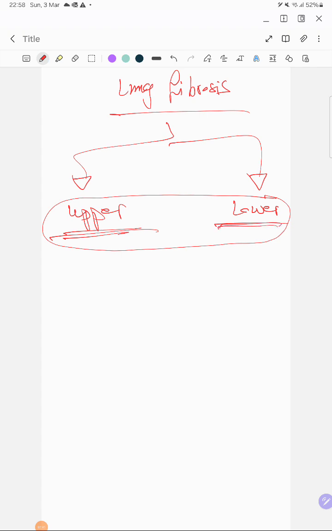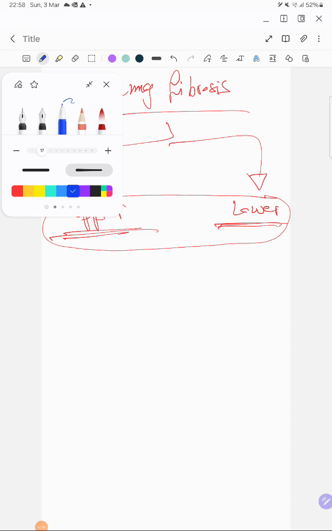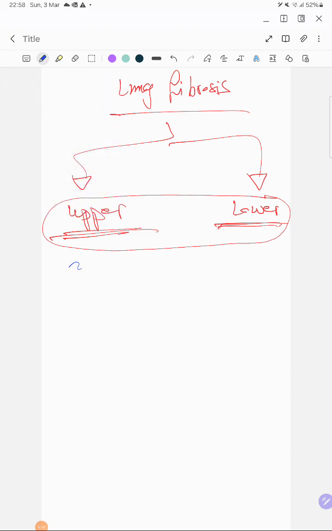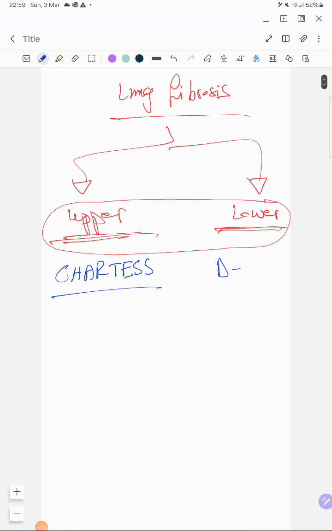Regarding upper lobe fibrosis, you can use this mnemonic to easily memorize the causes: CHARTIS. And regarding lower lobe fibrosis, you can use this mnemonic: DMAC.